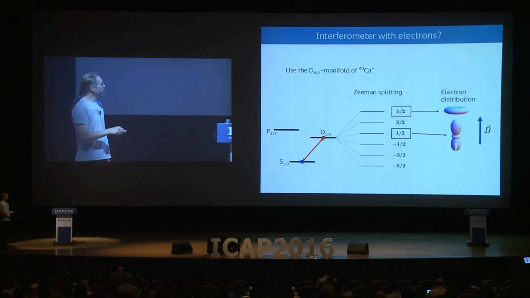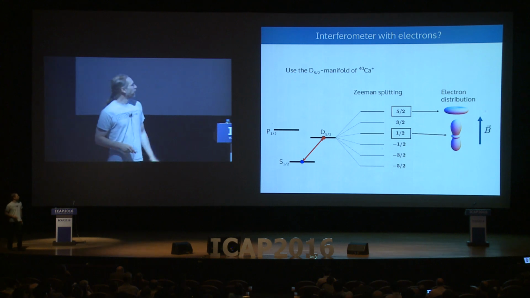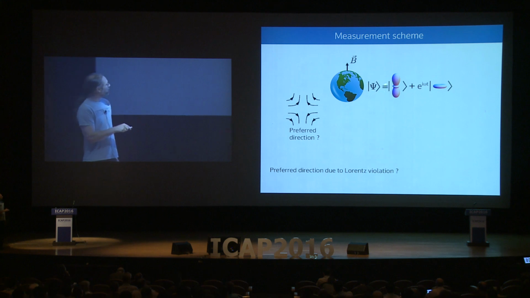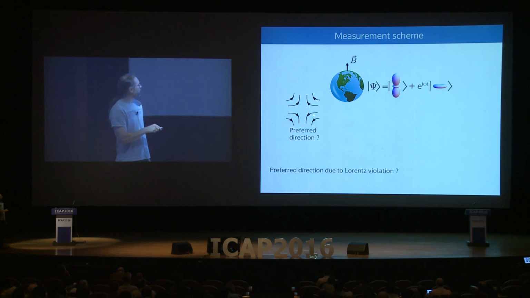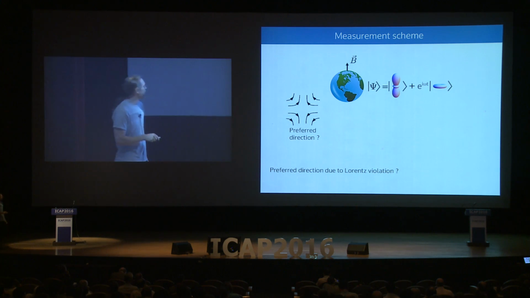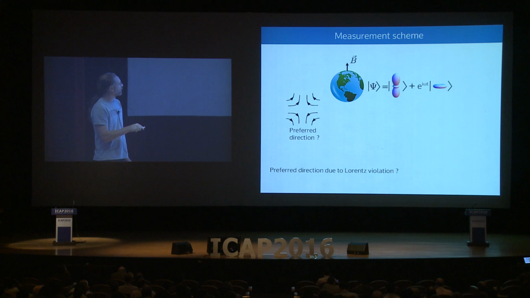Then basically what we have to do is measure the energy between those two wave functions to get the phase information. So this is how the full experiment could look. We create this superposition, and if there is a preferred direction in space, drawn here as this tensor, we get a certain energy shift.